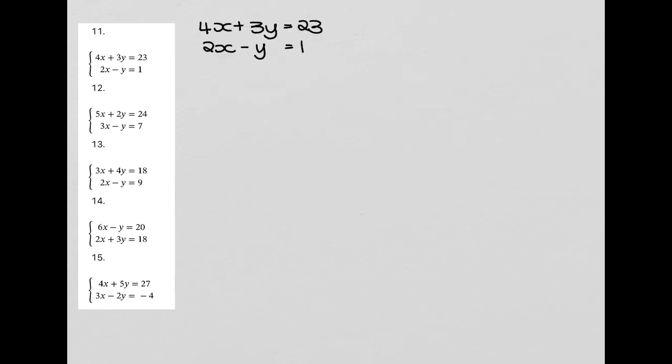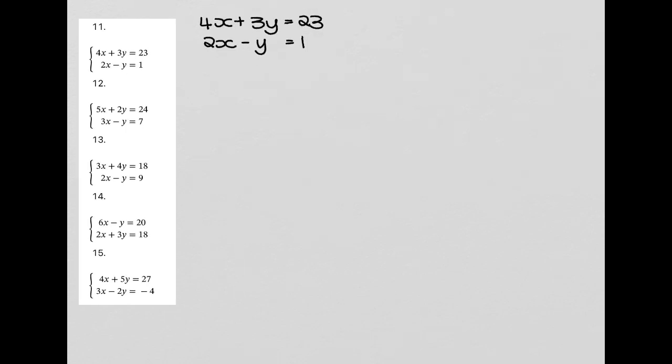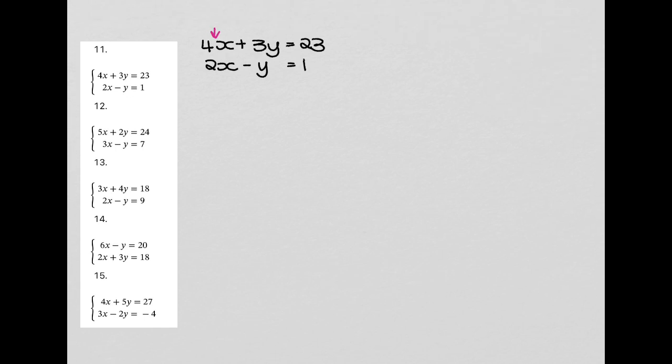All right, let's look at question 11. So we can either make the x's match by multiplying the bottom equation by 2, or we can make the y's match by multiplying the bottom equation by 3. It really doesn't matter which way we go around doing this. Let's multiply the bottom equation by 3.